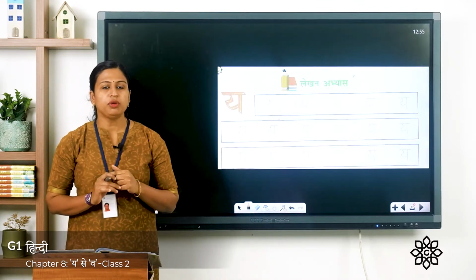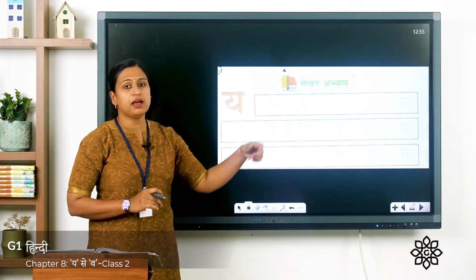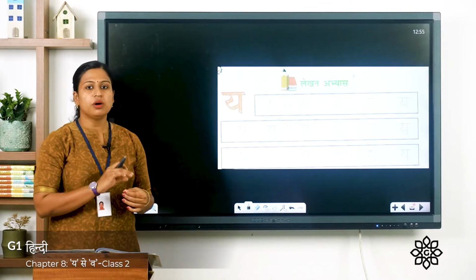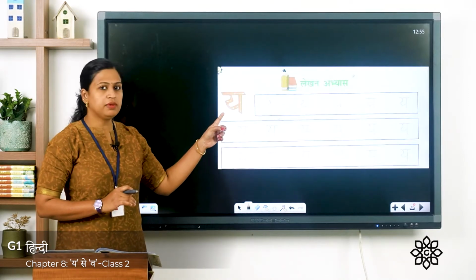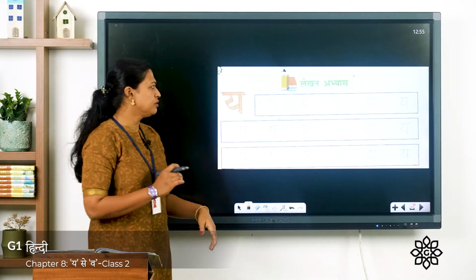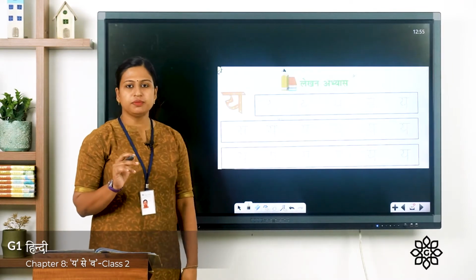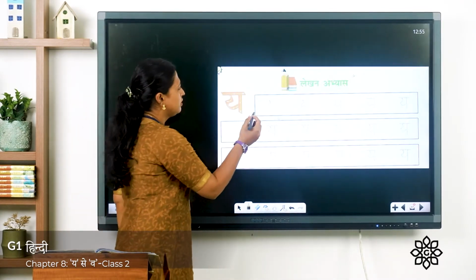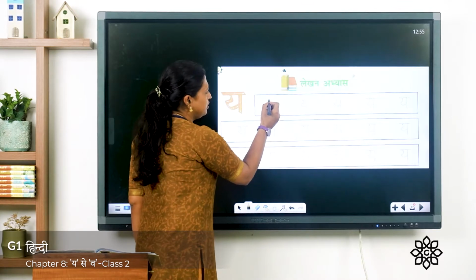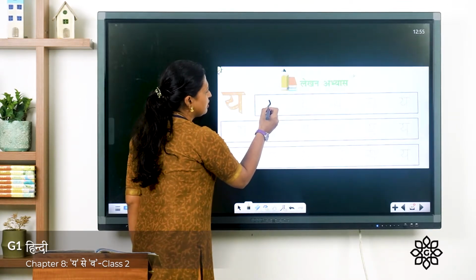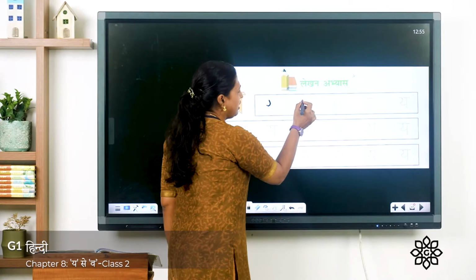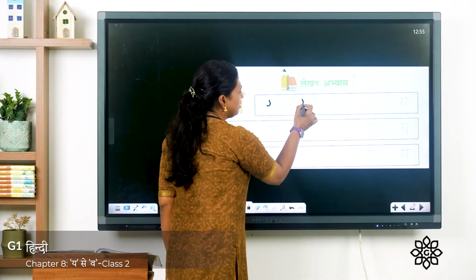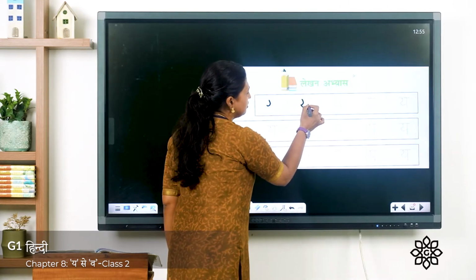So on the top you can see Lekhan Abhyas, that means worksheet. So the letter given is Ya. So you have to take your textbook and pencil. First you have to draw a small curve. Again the next step, draw a curve and come down.